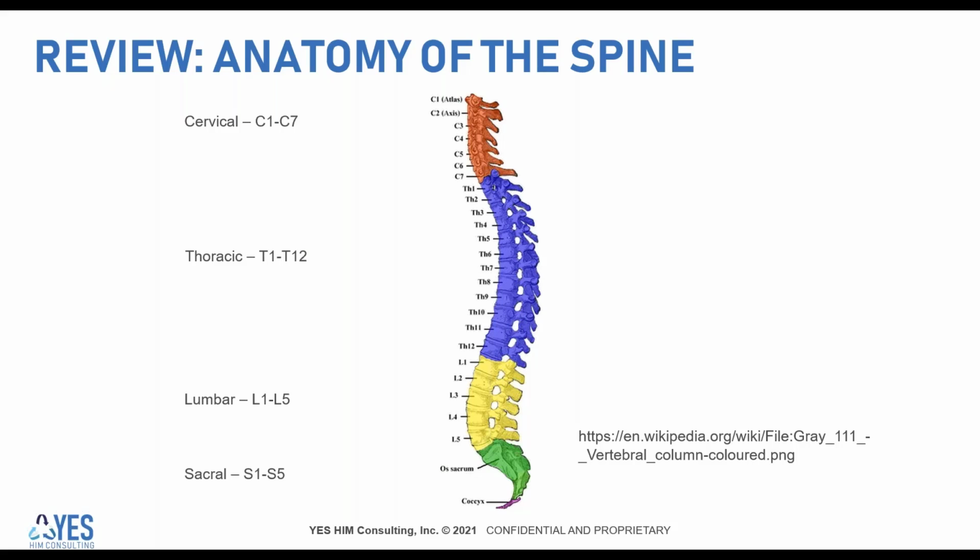The top is your cervical section, denoted in your op notes as C1 through C7. The next portion is T1 through T12, which is your thoracic. And then lumbar, which is L1 through L5, sacral, which is S1 to S5, and then your coccyx.